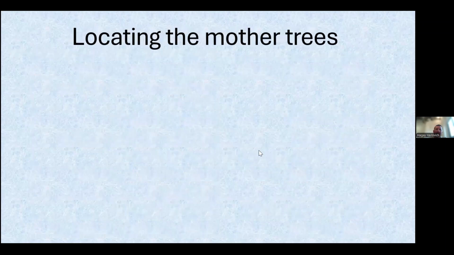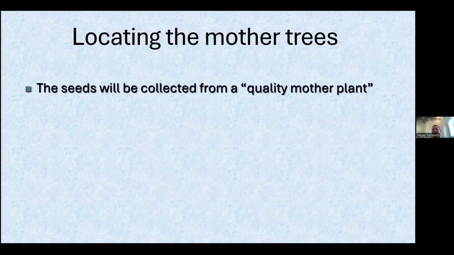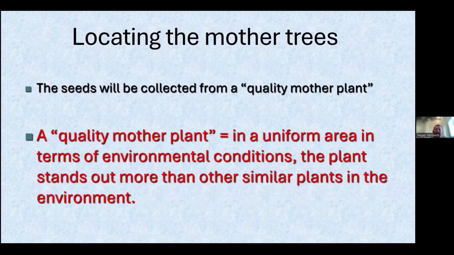Okay. So if we're talking about locating the mother tree, how will I find the best tree in the forest, the best tree that I want to take the seeds from? What is the best mother plant?